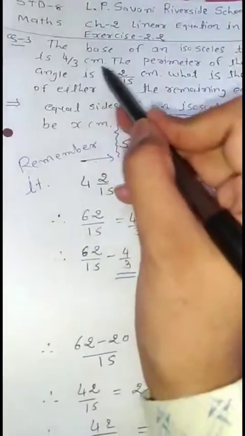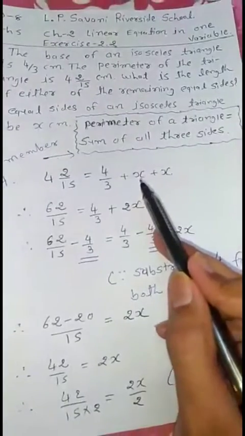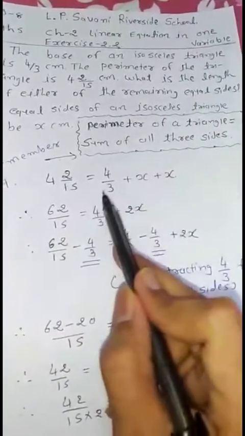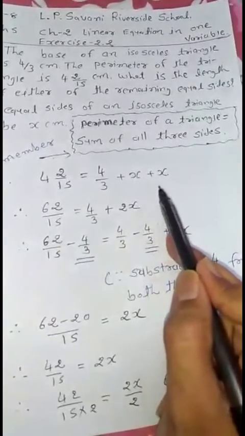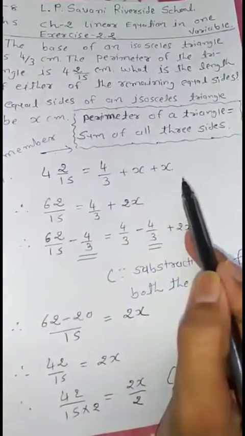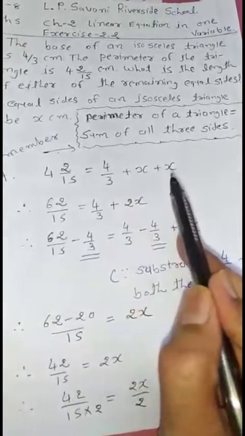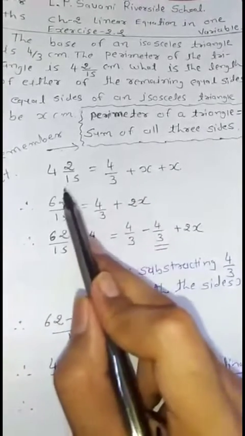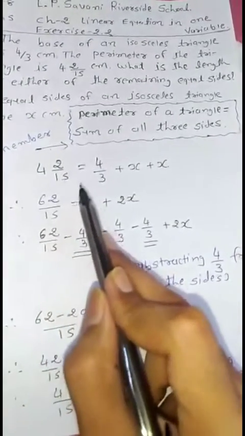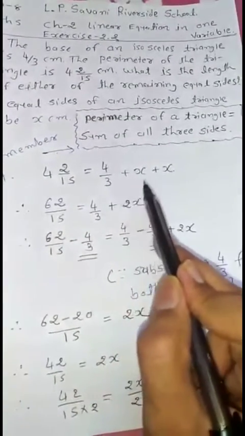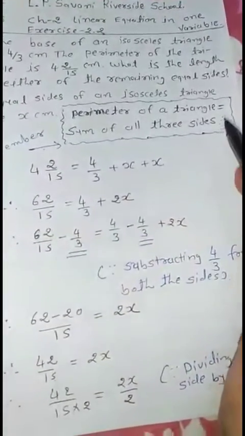Then the two equal sides are x plus x, because this triangle is isosceles, so its two sides are the same. So we can write that the perimeter of the triangle, 4 into 2 upon 15, is equal to 4 upon 3 plus x plus x. I use this formula, nothing else.